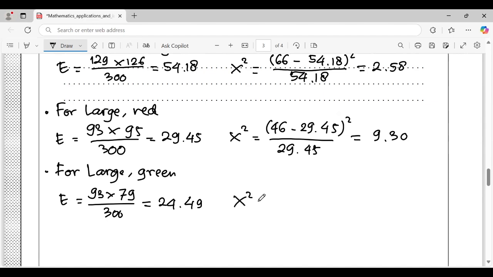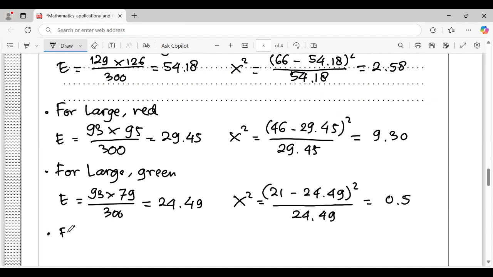And the chi-squared calculation, 21 minus 24.49 squared over 24.49. Okay, and the result is 0.5.